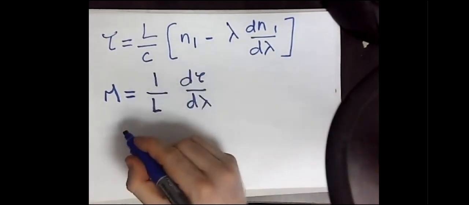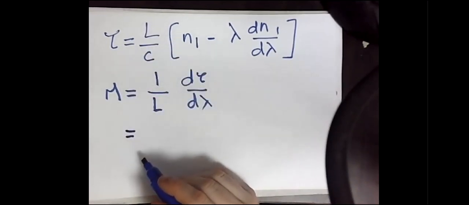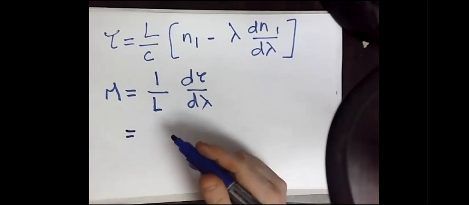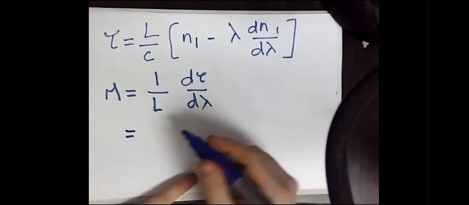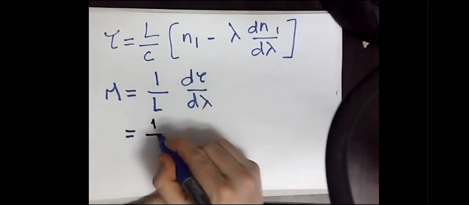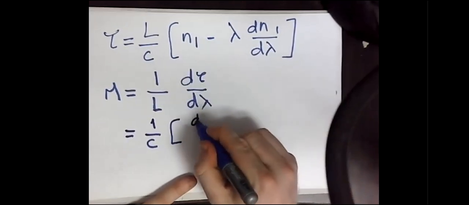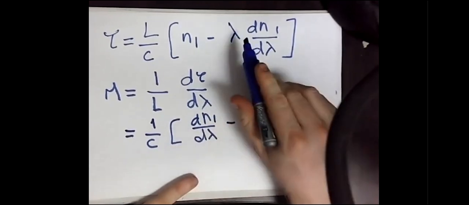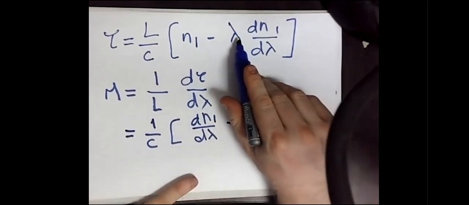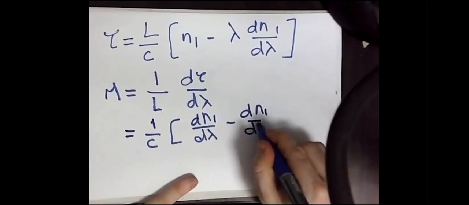So now what we are going to do is this L will be cancelled with this L, and then we have 1 over c. Then let's start the differentiation. First we have dn1 by d lambda minus, then let's first differentiate lambda, which gives 1 minus dn1 by d lambda.